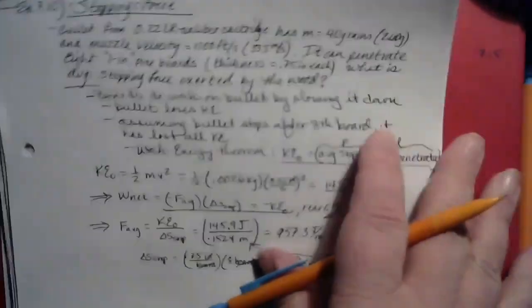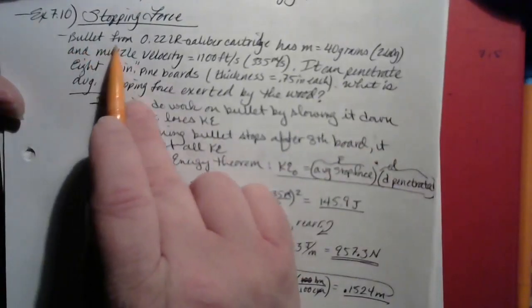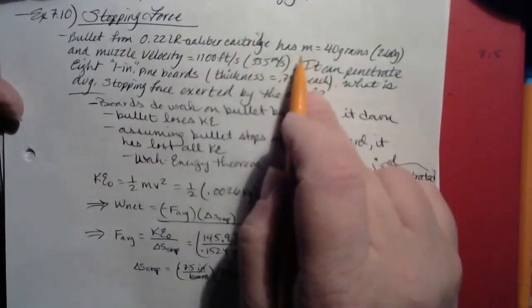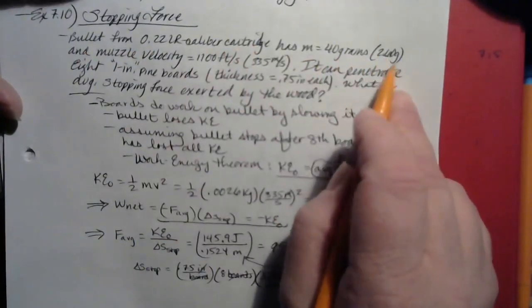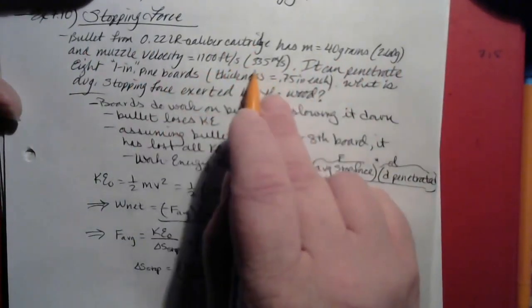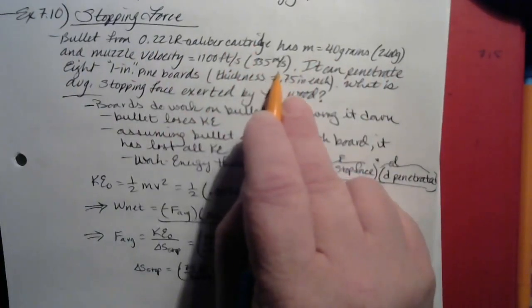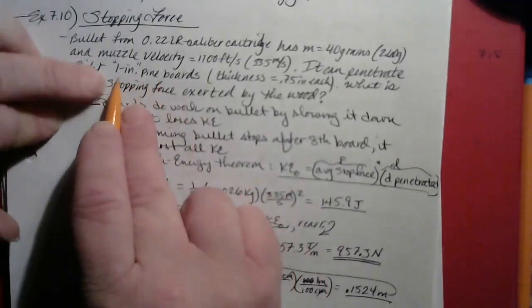7.10 is about stopping force. And in this question, we have a bullet from a 22 caliber gun, and it has a mass of 40 grains, which is 2.6 grams. And the muzzle velocity is 1,100 feet per second, which has kindly been translated into 335 meters per second. And it can penetrate 8 1-inch pine boards.